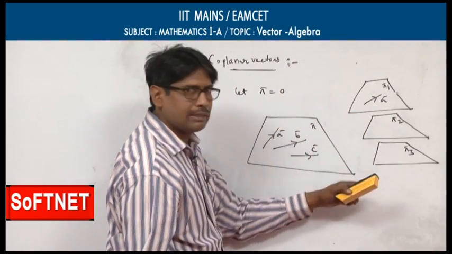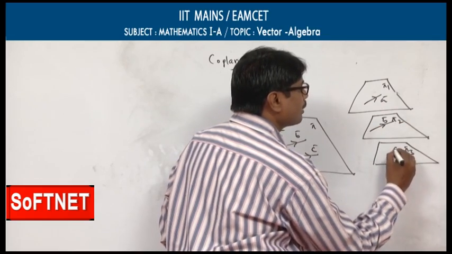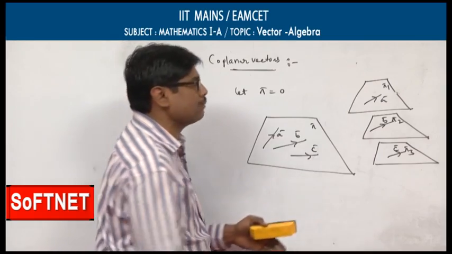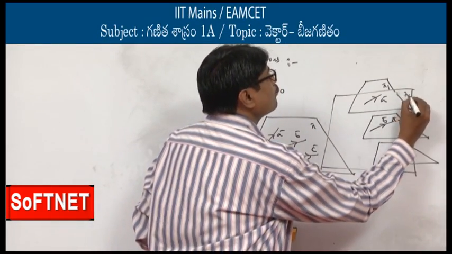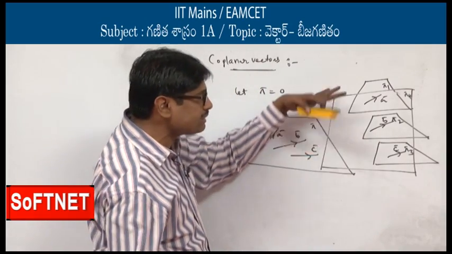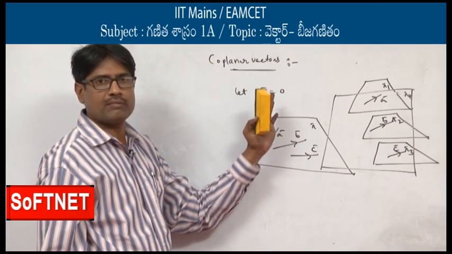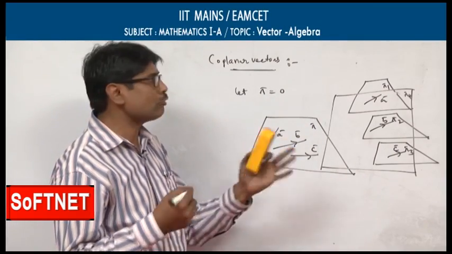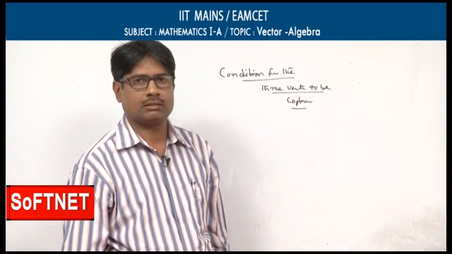Three parallel planes, with A bar here, B bar here and C bar here. You can construct one plane, pi 4, passing through A bar, B bar, C bar, so they are also coplanar. So vectors are coplanar if they lie in the same plane or parallel planes. That is coplanarity.